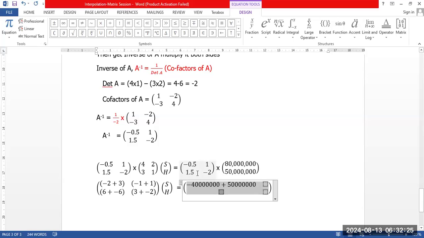We get 1.5 times 80. 1.5 times 80, what do you get? 120 million. Then add negative 2 times 50, you get negative 100.